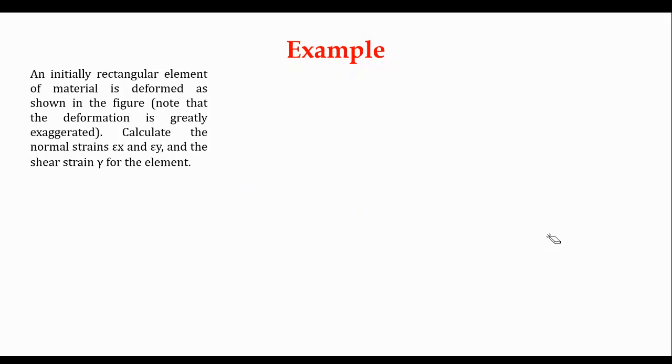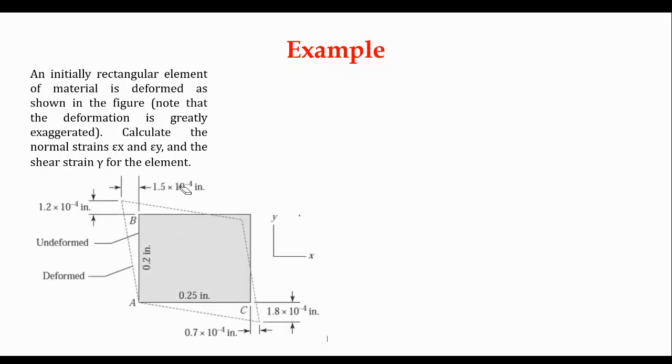So calculate normal strains, epsilon x and epsilon y, and the shear strain gamma for the element. So as you can see, ang undeformed state is ito, itong rectangle. So, naa-apply na load. So, ang nahitabo na sa iya is nahimo na siyang parallelogram na rhombus.